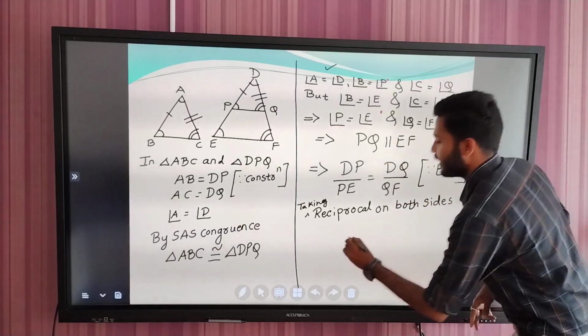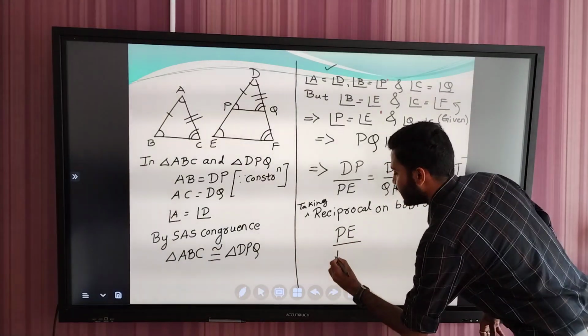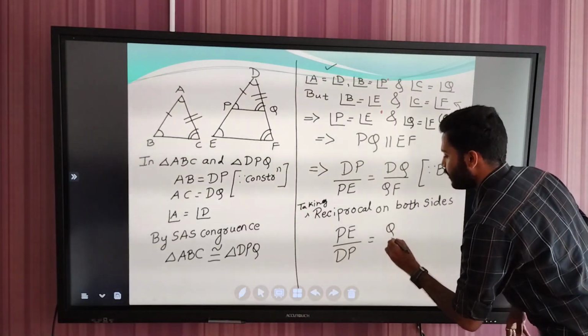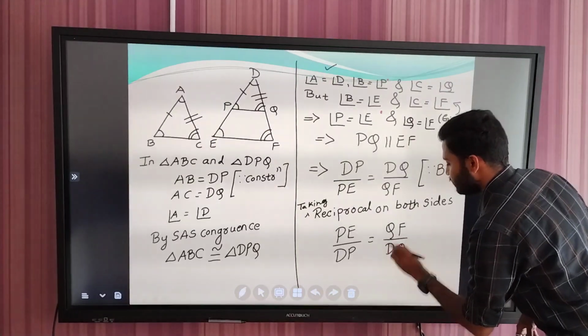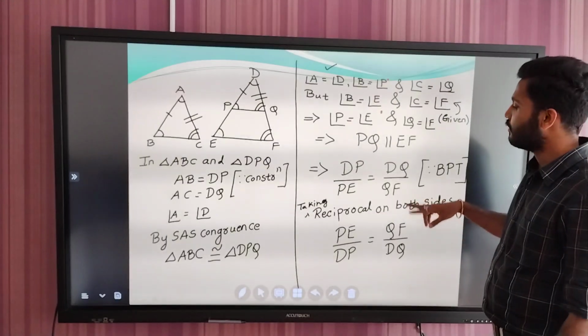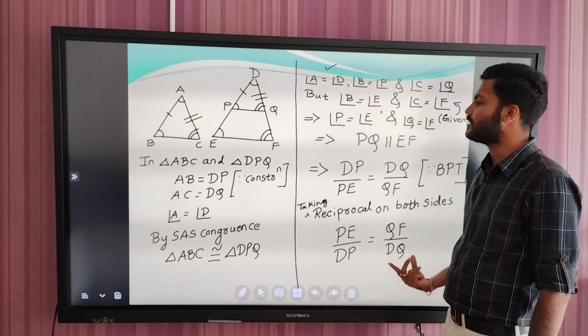It reverses, right? So PE divided by DP is now equal to QF divided by DQ. So PE divided by DP is equal to QF divided by DQ. I hope everyone has written this down up to here.